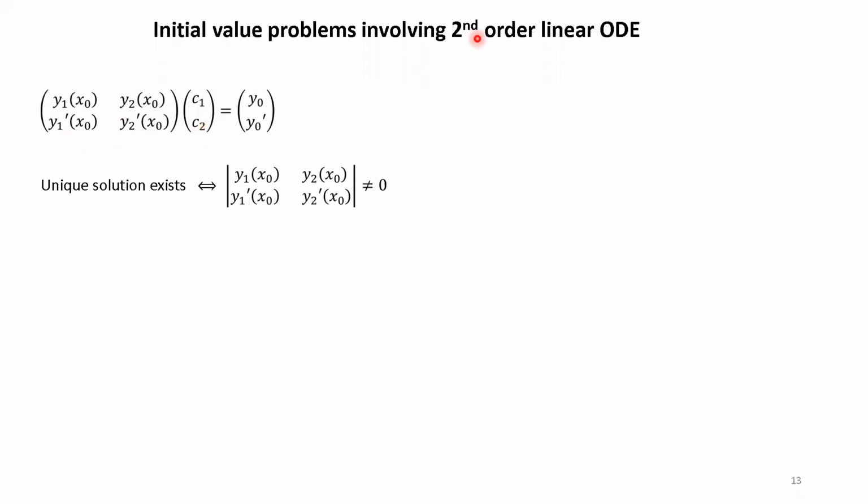That means this set of equations has a unique solution for C1 and C2. And that is equivalent to saying that this inverse exists, which means this determinant has to be non-zero.